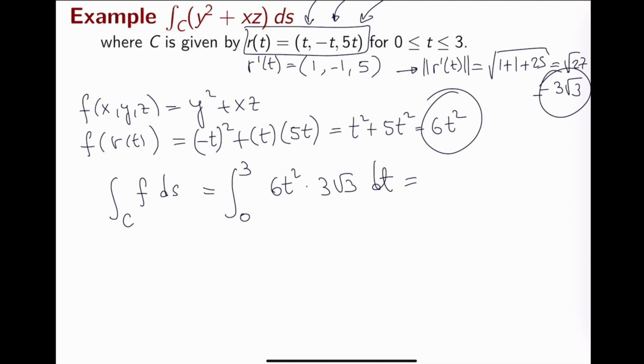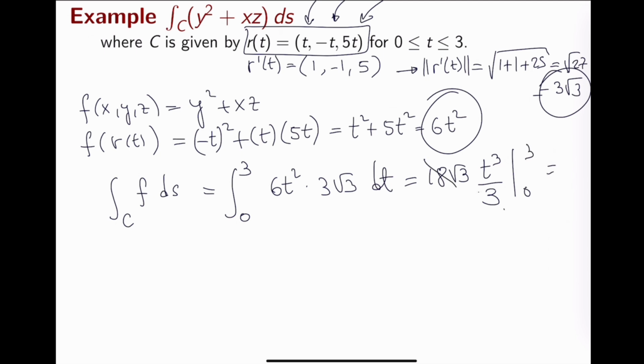And so, putting all the numbers outside, this is going to be 18 square root of 3, and the integral of t squared, which is t cubed over 3, evaluated between 0 and 3.